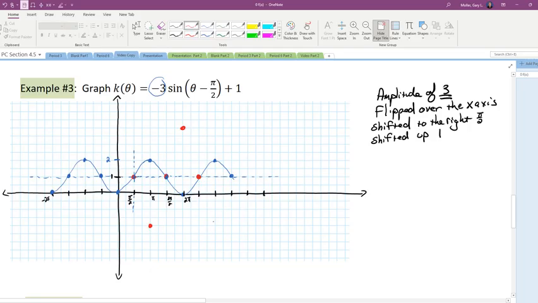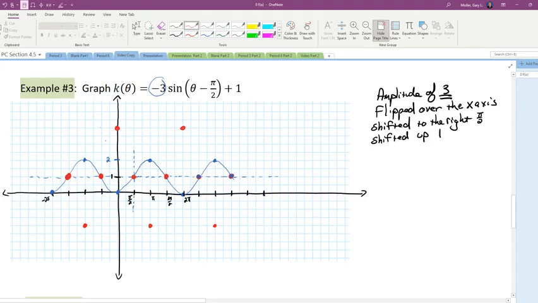Over 2, back down to the low. Over 2, back up to the middle. I'm on my way up, over 2 and up to the high point. Over 2, down, back to the middle. Over 2, at the low point here. And just for fun, we'll be back here.